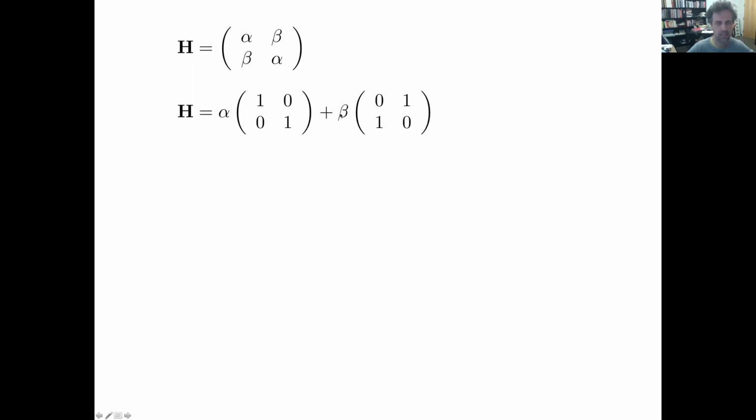Then I can add to it this matrix, which only has off-diagonal elements of the value beta. If I add these two, the alpha matrix and the beta matrix, up, then I'm getting, of course, again the matrix I started with. So I just split this matrix into 2 parts. This will help me to actually calculate and diagonalize this matrix.